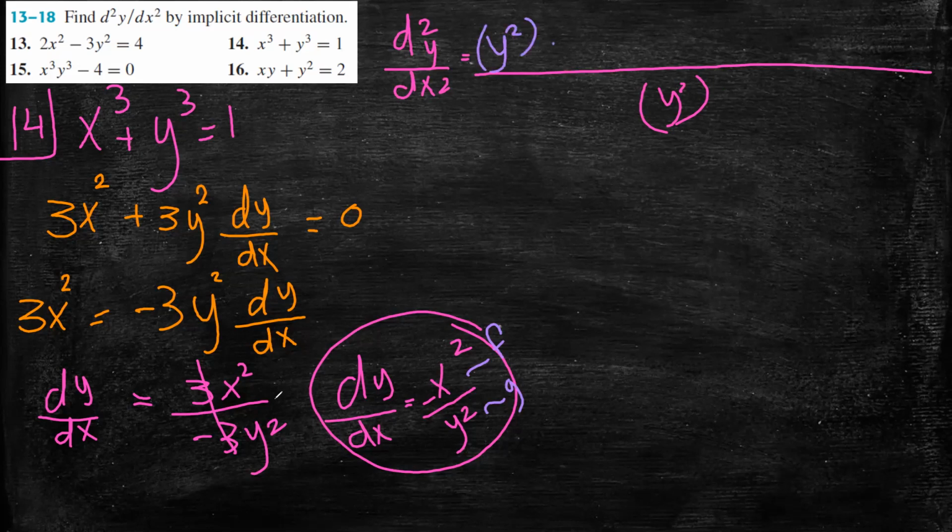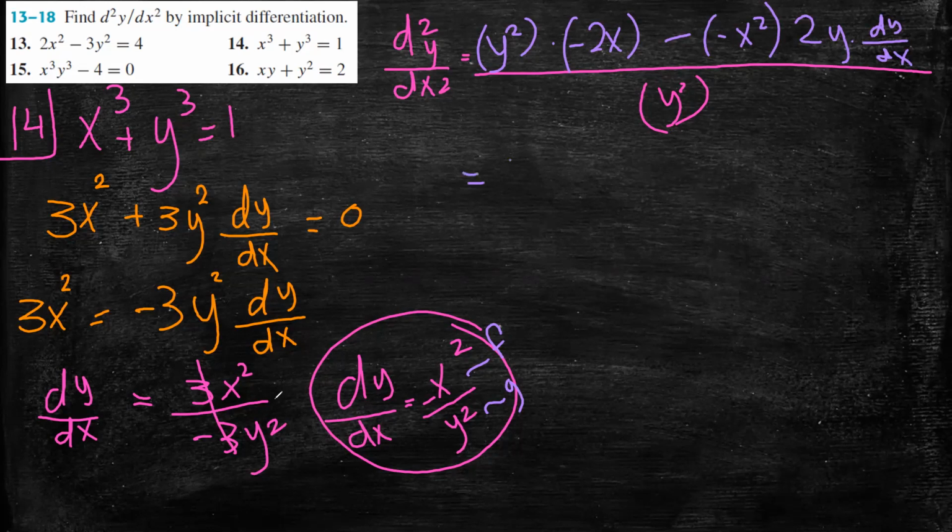What is the derivation of f? Negative 2x, yes. Then minus x squared, f times g prime. What is the derivation of g? 2y times dy over dx, yes.